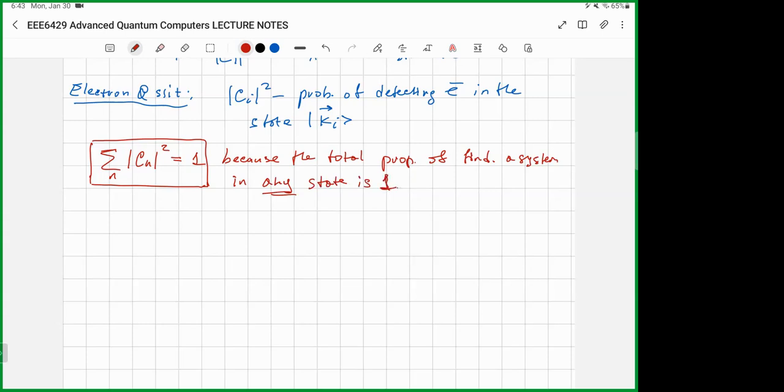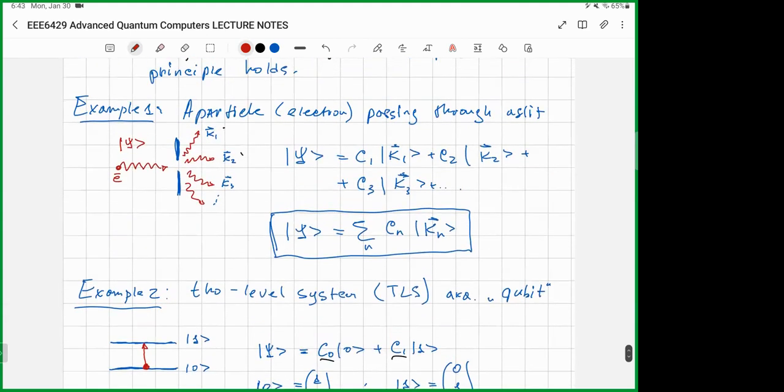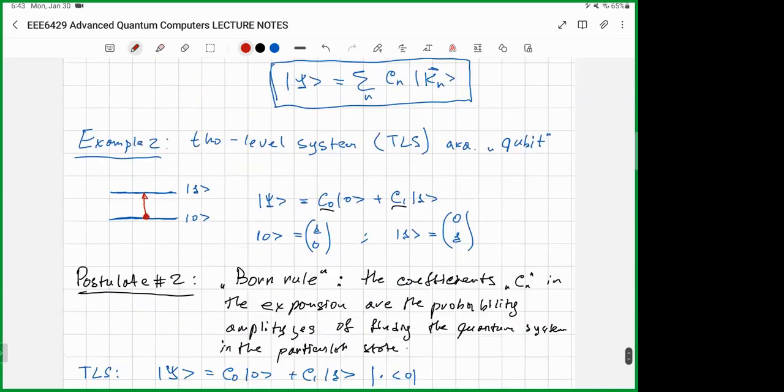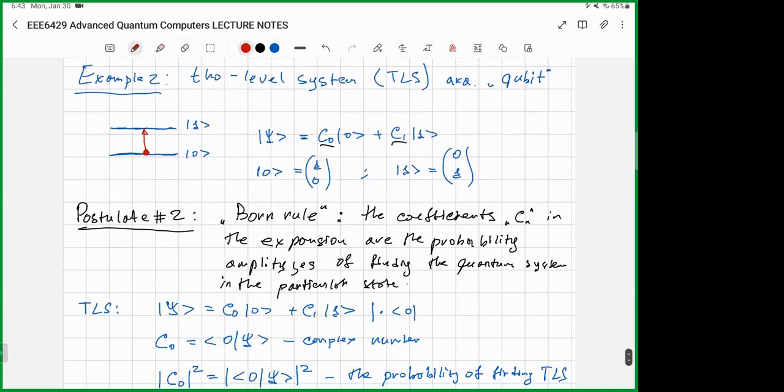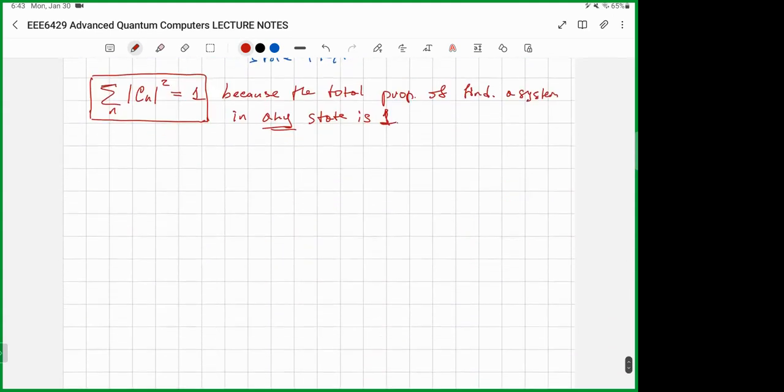Like finding an electron scattered to any of these directions, the probability is 1. Finding the excitation in either state 0 or state 1 is also 1, etc. Do you have any questions?